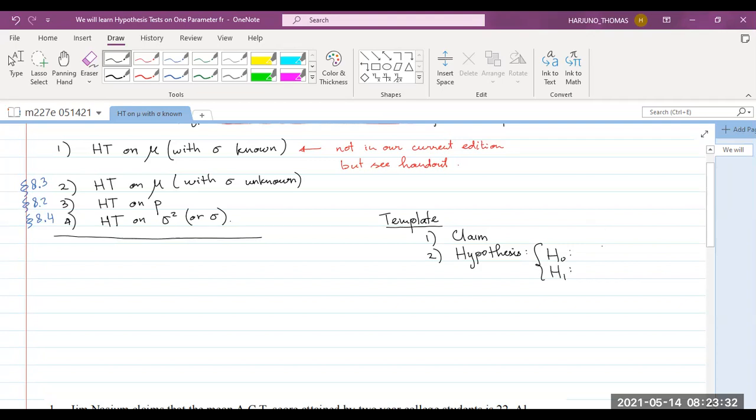Now for the hypothesis, you will have parameters, either mu or p or sigma squared or sigma. That's in the first part here, followed by either equal to, or less than or equal to, or greater than or equal to a number.